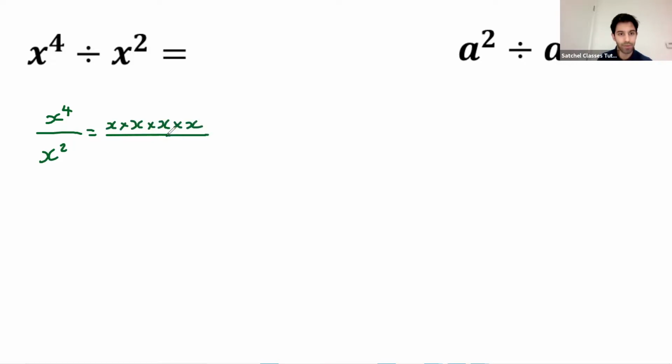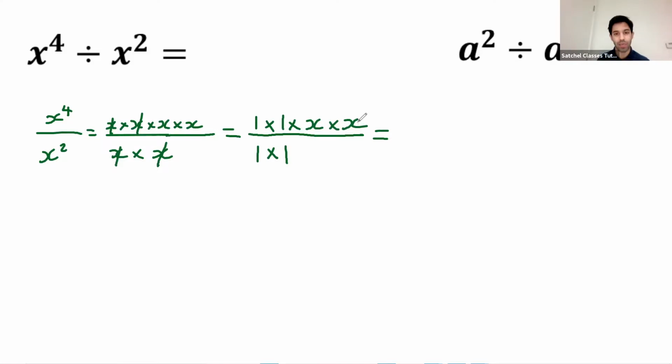So we have 4 lots of x's over x times x. Now, how would we tackle this problem? Again, we can cancel out one set of x's, so that will give us 1 times another set of x's, so that's going to be 1 times 1, and then what we're left with is times x times x. So 1 times 1 times x is simply going to be x squared. 1 times 1 is 1, and this is simply x squared.